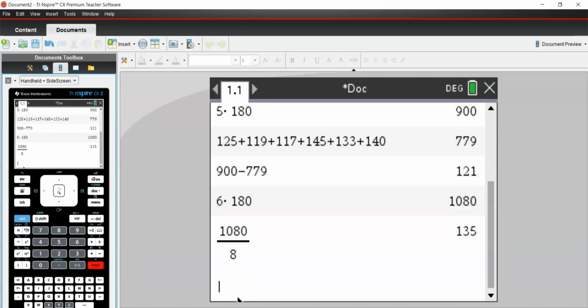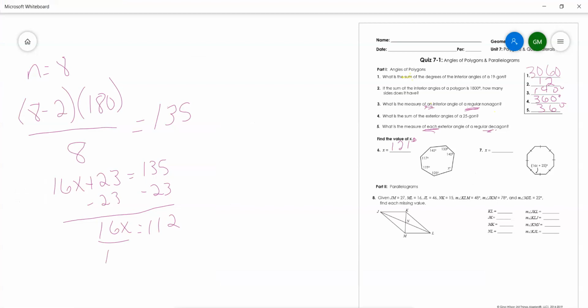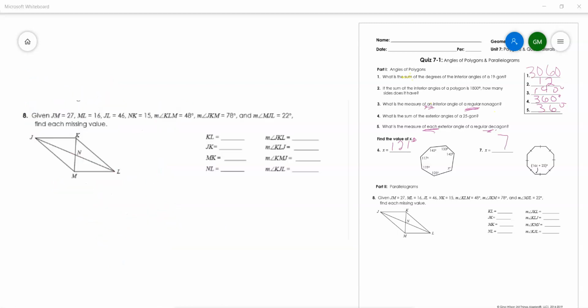Then we need to divide. 112 divided by 16 is 7. So divide by 16, and x equals 7.